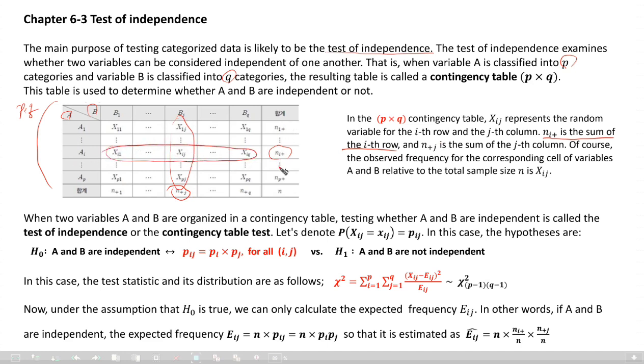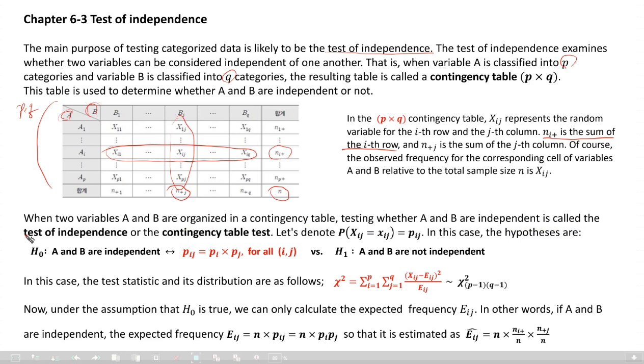And the total is n. n is the sample size. So we have n many samples, and we observe variable A and variable B. Then we can make this kind of contingency table. Get it?